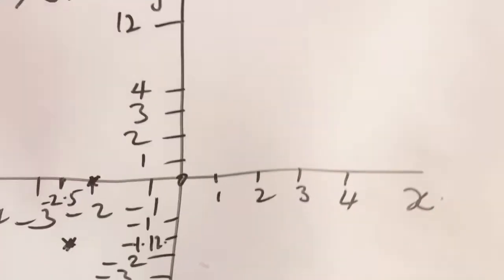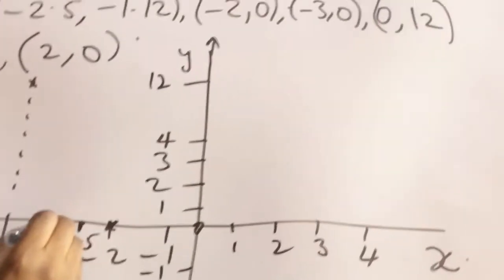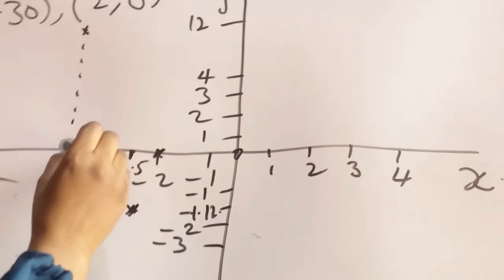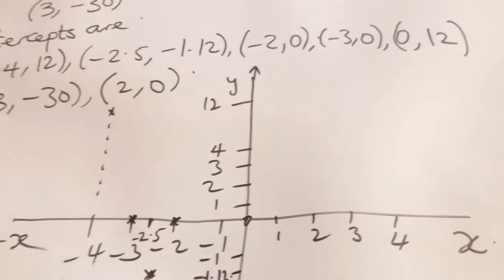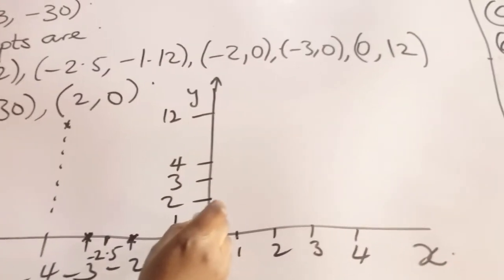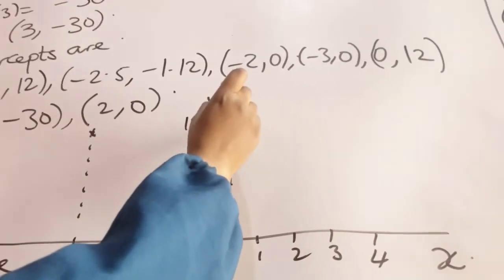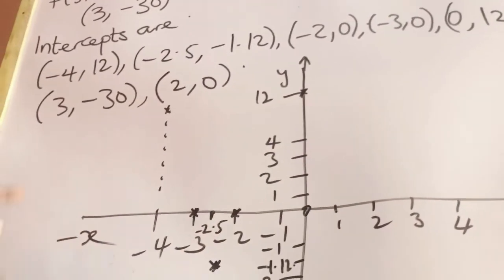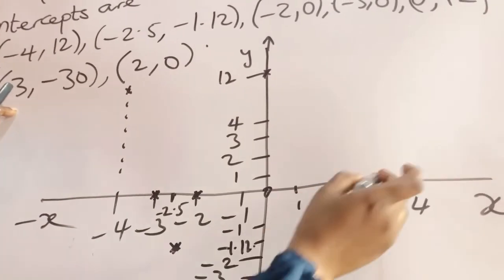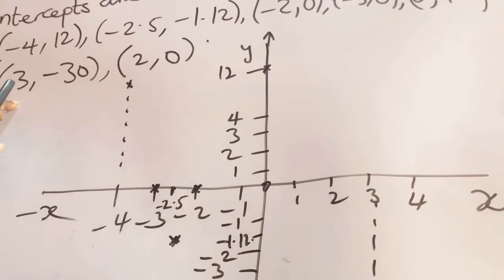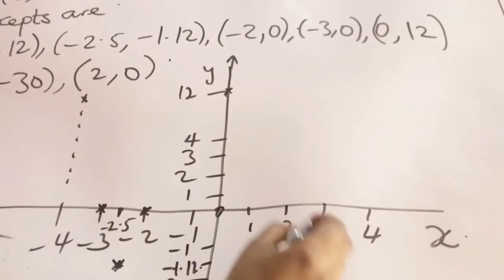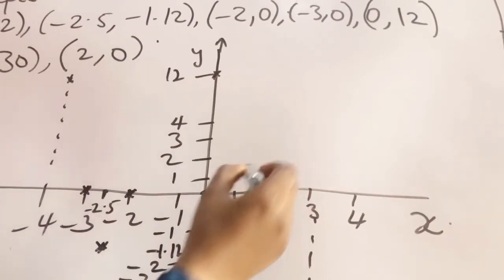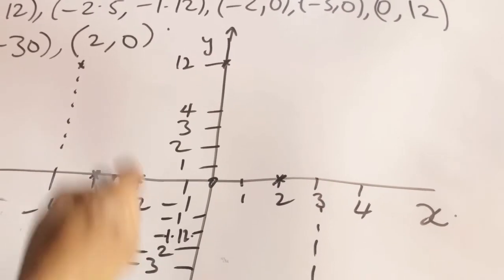When x is equal to minus 3, y is 0. When x is equal to 0, y is 12, be here. When x is equal to 3, y is minus 30, be here. When x is equal to 2, y is equal to 0. So we need to join all the points together.